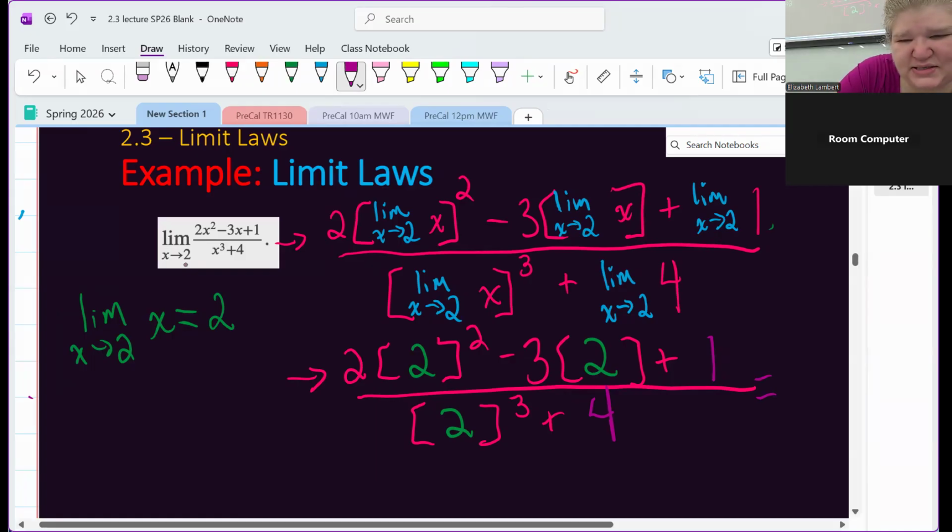And what does this give us? 8 minus 6 is 2, 3 over 12, so 1/4.